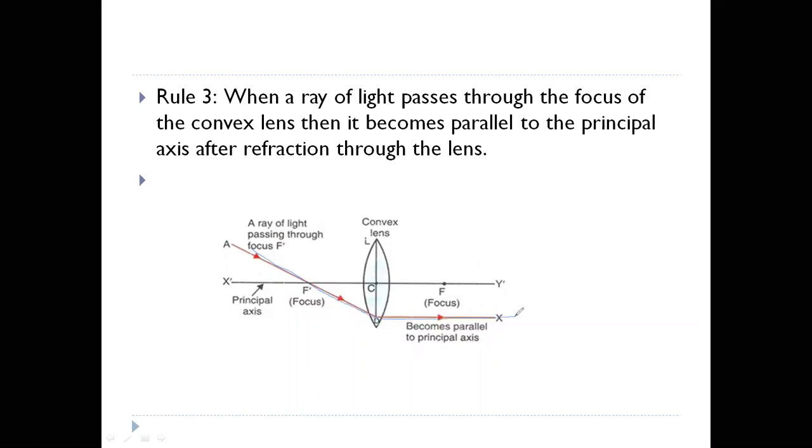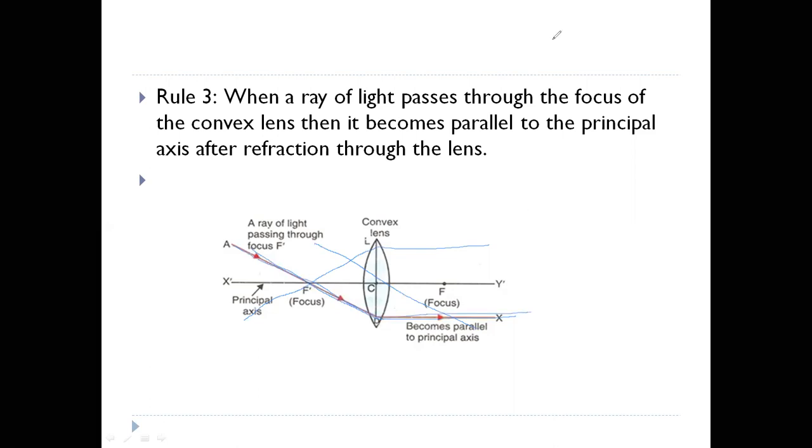The second rule: a ray of light which passes through the optical center goes straight. And the third rule: the ray which passes through the focus becomes parallel after refraction.